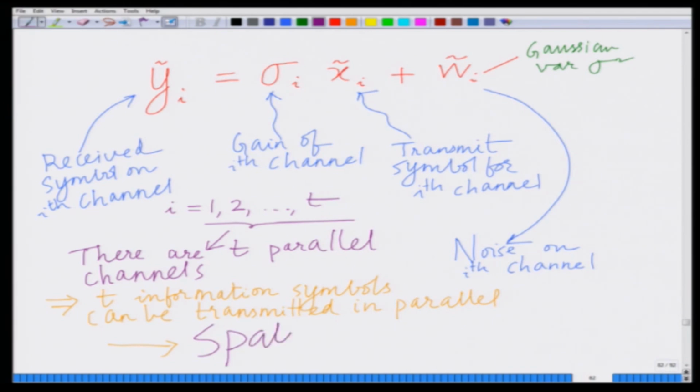This is what is termed as spatial multiplexing. As we discussed in one of the first modules on MIMO, spatial multiplexing means multiplexing multiple streams of information using the space dimension.